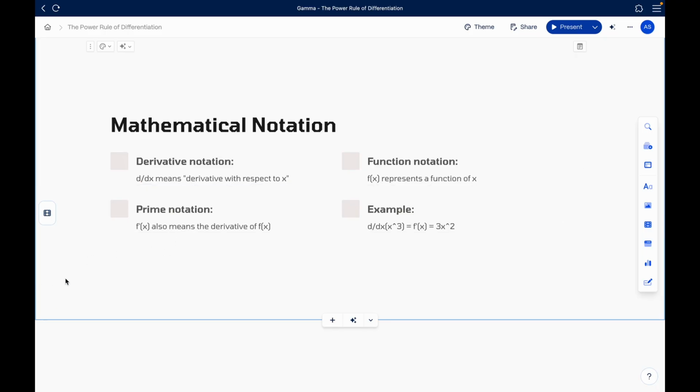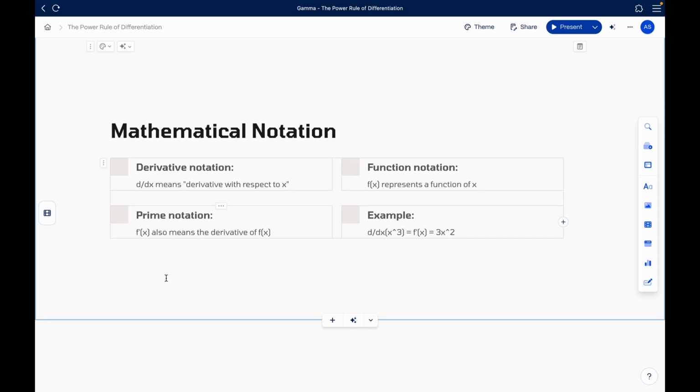And prime notation is f, but then you have a prime or an apostrophe, f prime of x, which also means the derivative of f of x. So f prime of x and d of f of x over dx are the exact same thing. They will be used interchangeably, but I just wanted to make sure you knew that.